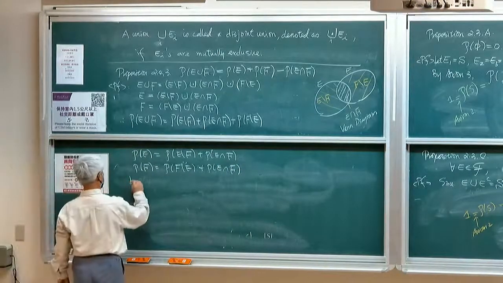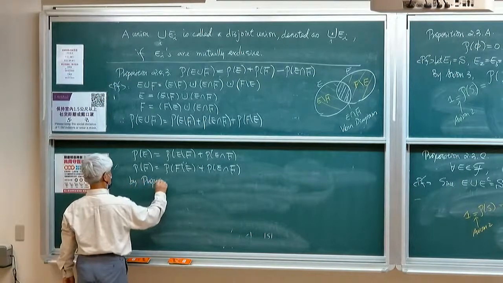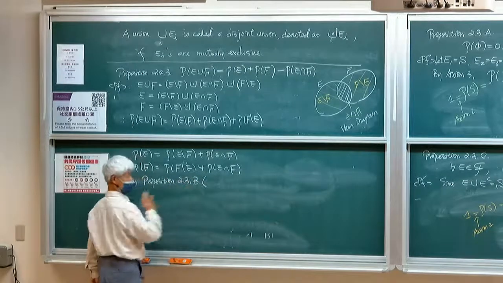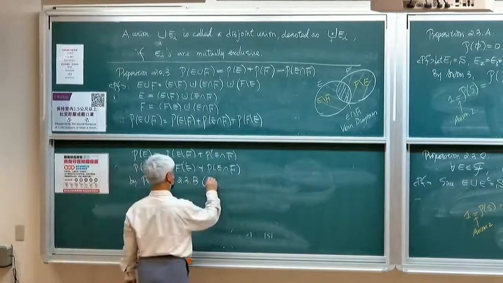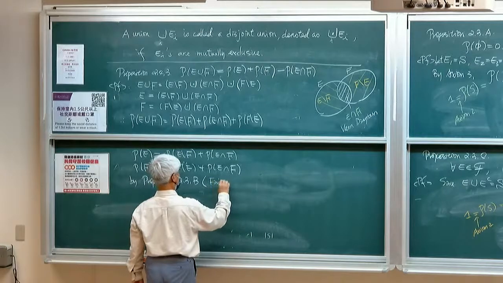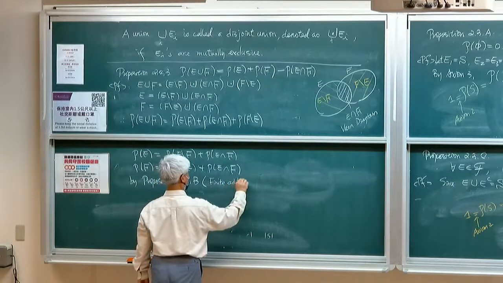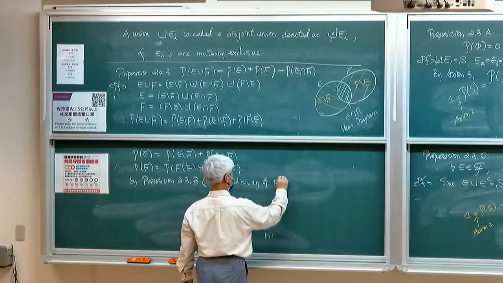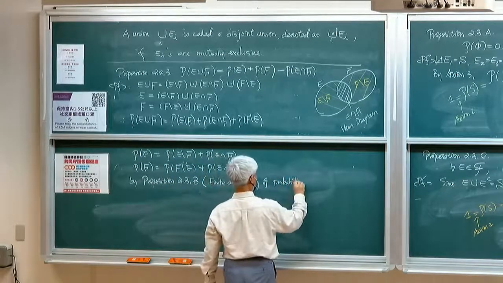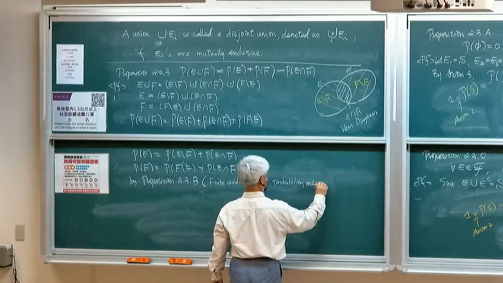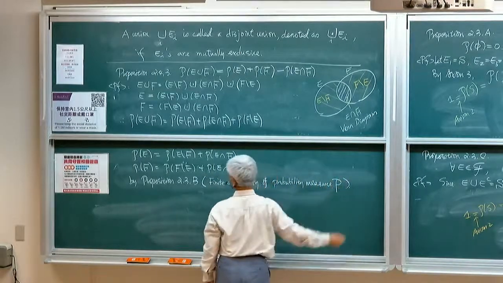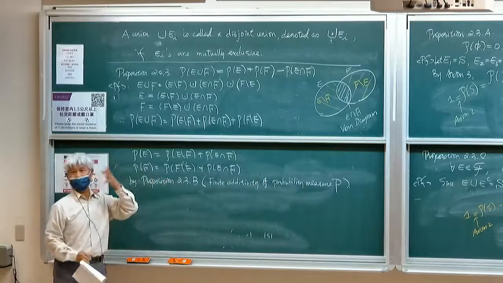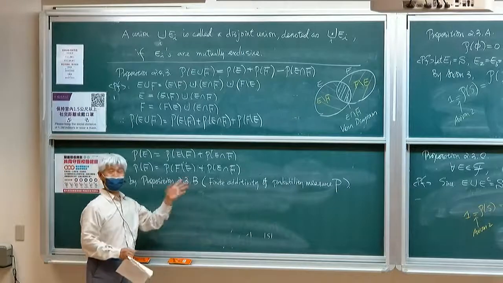So they are all by proposition 2.3.b. And later on, we will call this proposition the finite additivity of probability measure P. Okay, later on I will forget proposition 2.3.b, something like that.